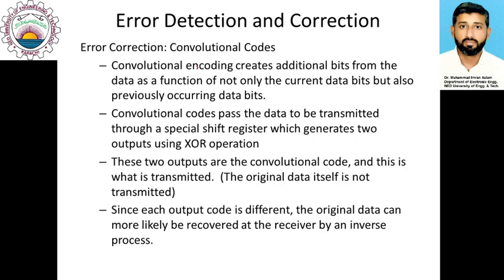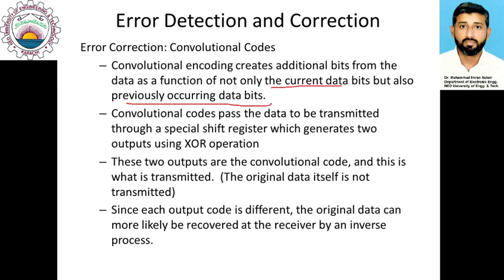Similarly, we have another scheme called convolution code. Convolution codes generate a special type of code on the basis of the current data as well as previously occurring data bits.